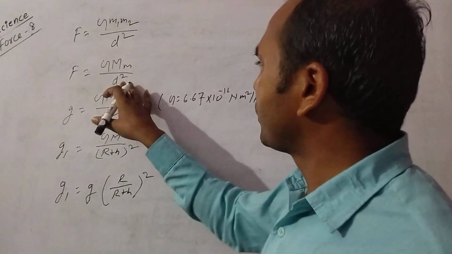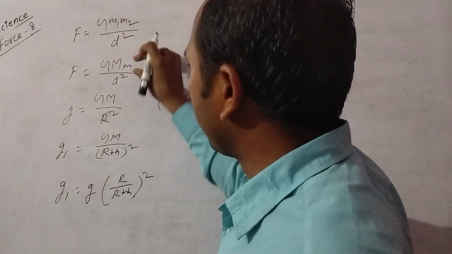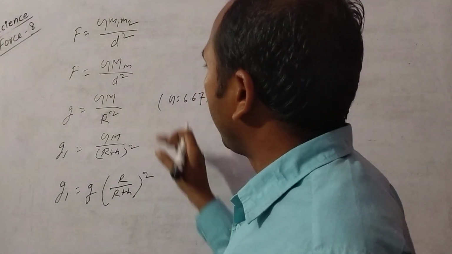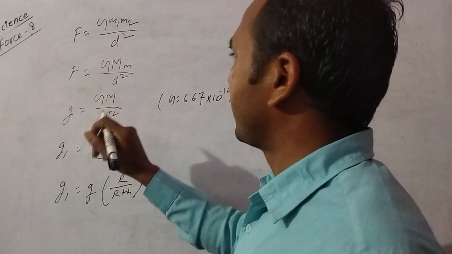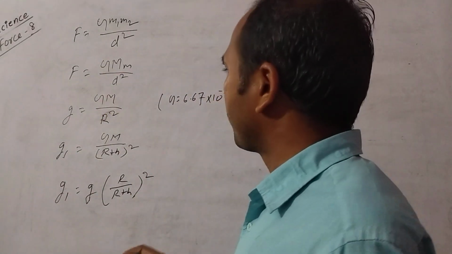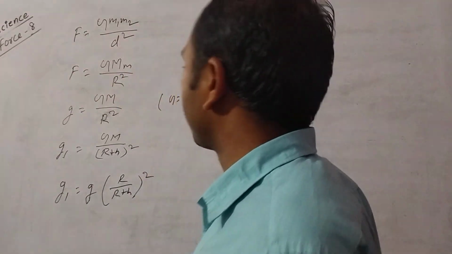Or instead of d we can write r also, because the small body is present on the surface of the heavenly body. In this way we can write it also.